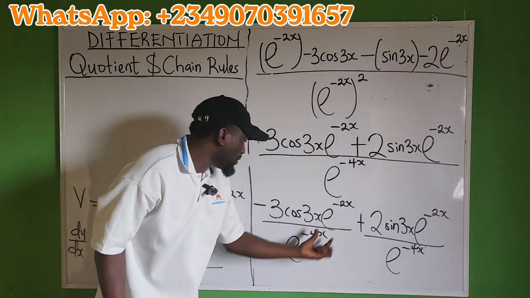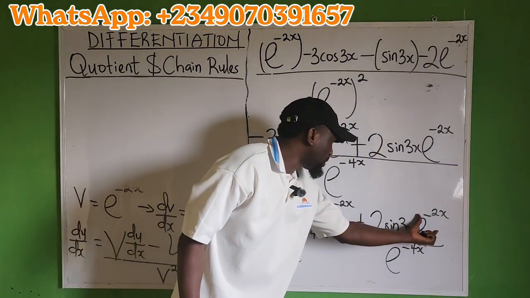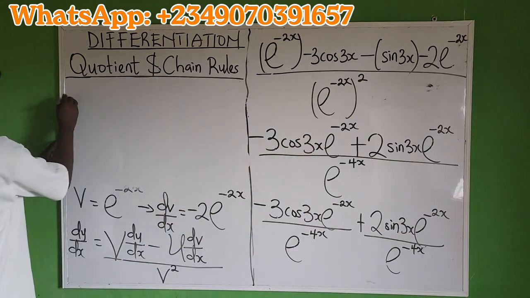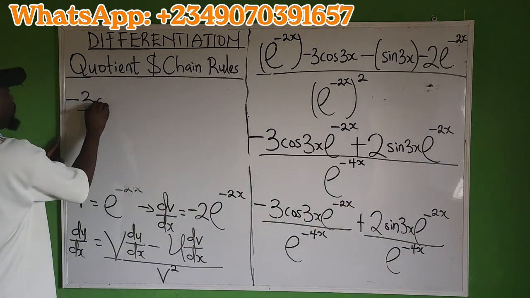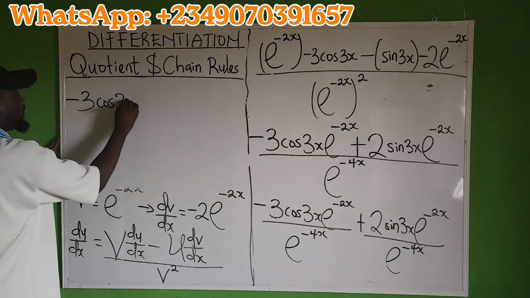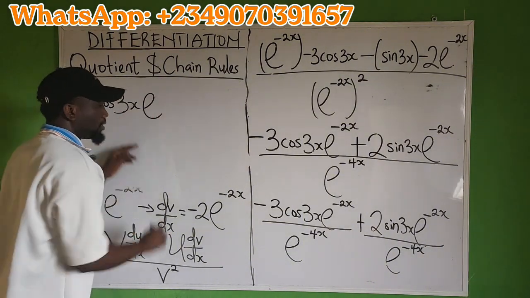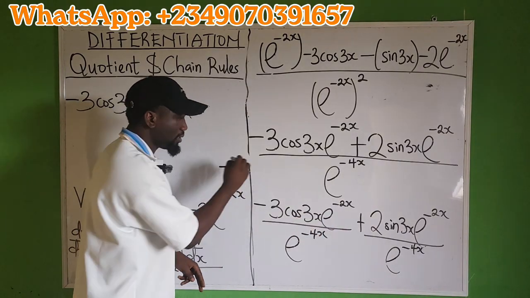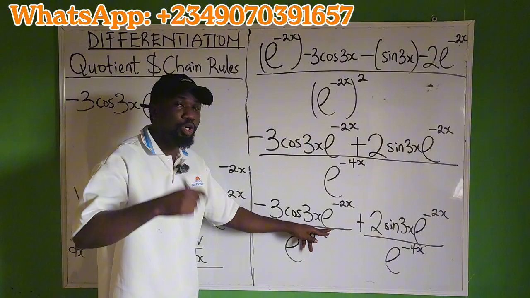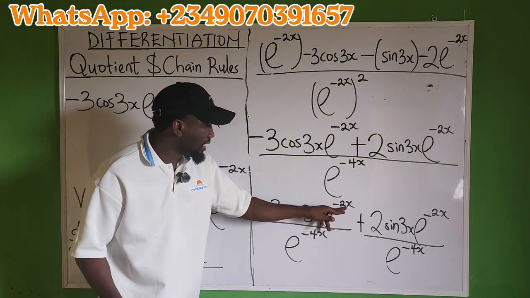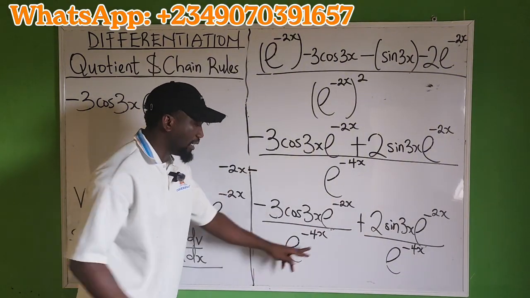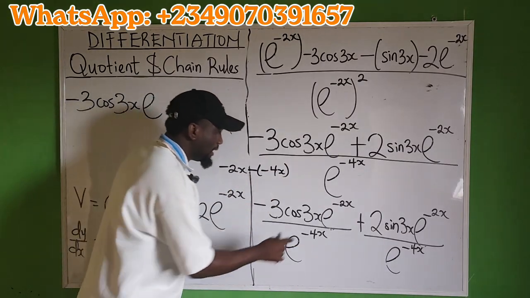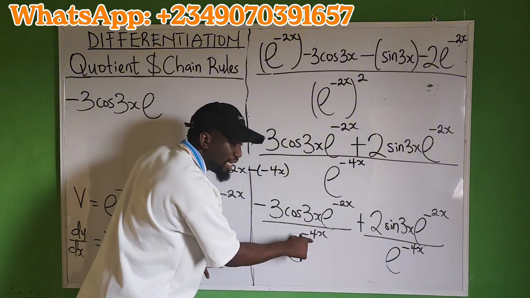That is what we want to do here. We have exponential here, exponential here. So in this case, I'm going to have negative 3 cos 3x exponential, and this will give us negative 2x, that is minus 2x. It is division, so I am going to subtract the powers. Negative 2x minus negative 4x. Do you get it? Negative 2x minus negative 4x.